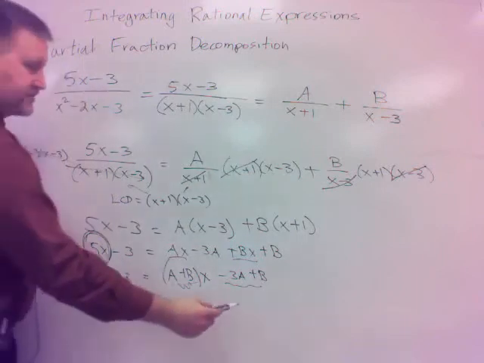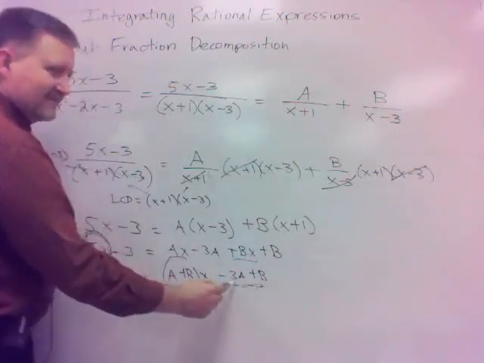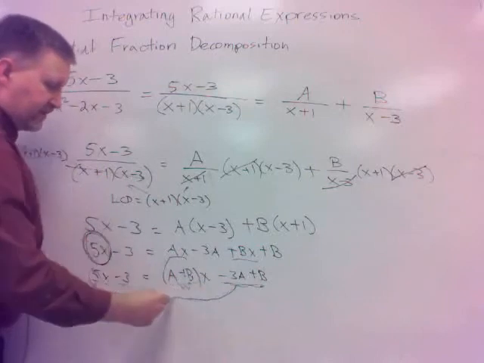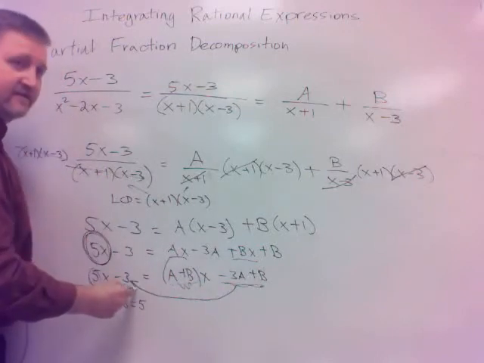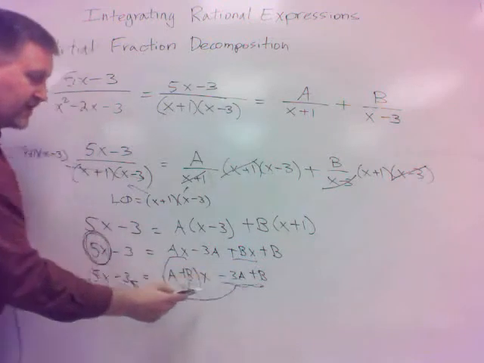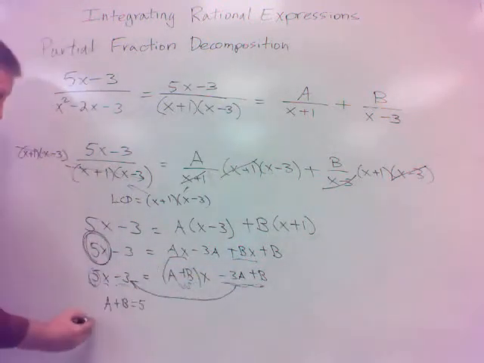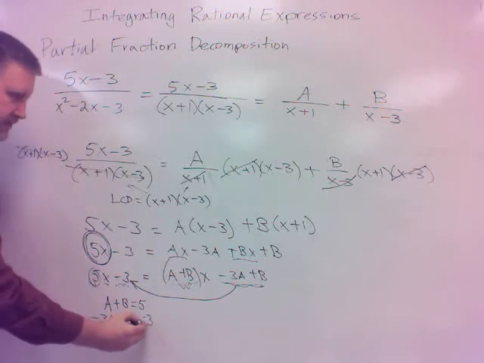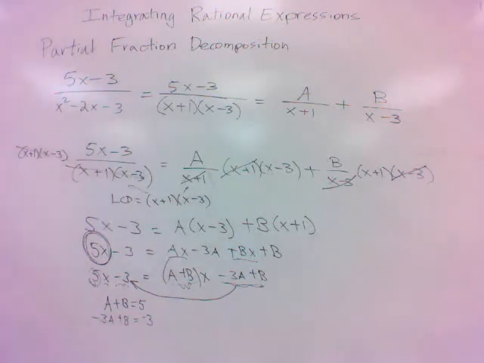Well, what that also sets up then, what about the minus 3a plus b? Wouldn't they have to equal up to the constant? Because that's what these are going to have to be. So the minus 3a plus b must equal negative 3. See that?